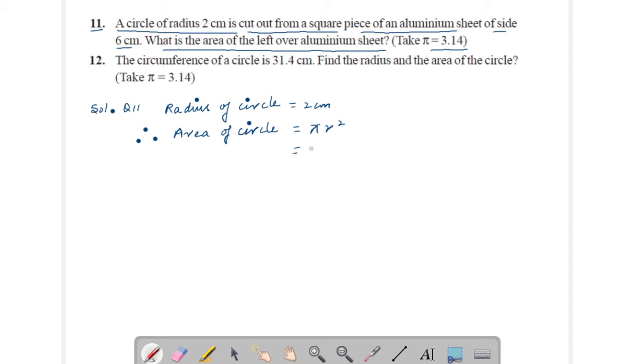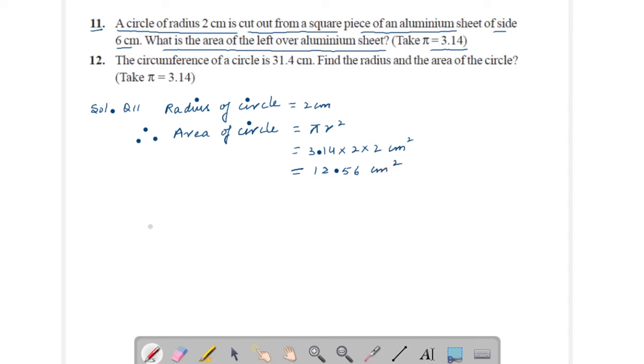Value of pi is 3.14 into radius 2, it is 2 into 2 centimeter square. You will get 12.56 centimeter square.